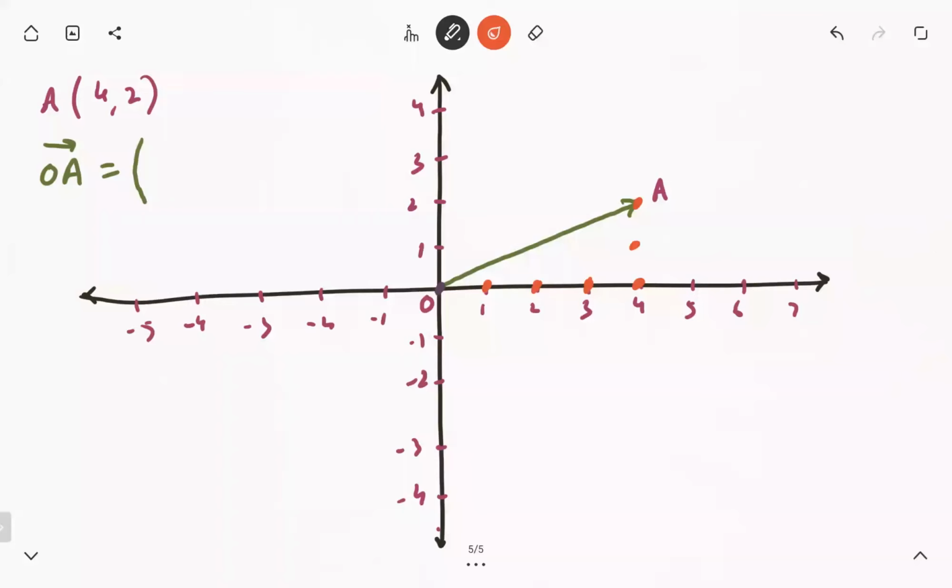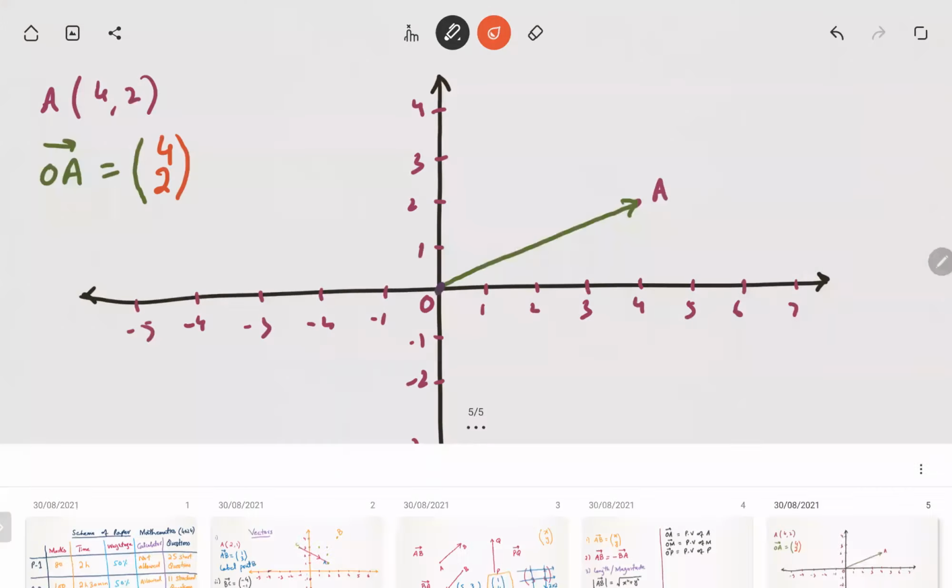So what is OA? Mean position vector of A. OA is 4, 2. Mean 4 unit right, 2 unit up. This is the position vector of A, 4, 2.